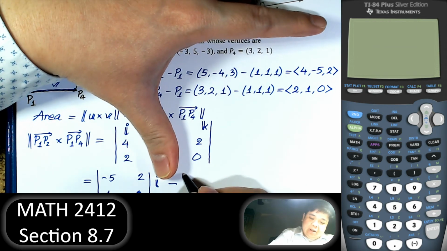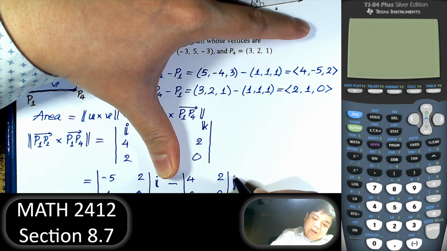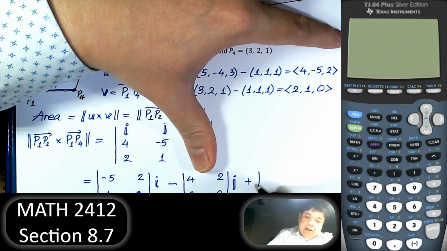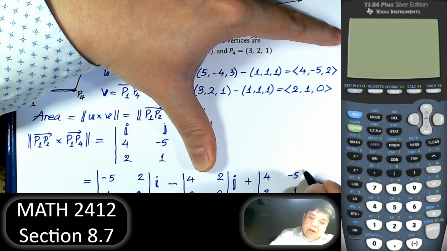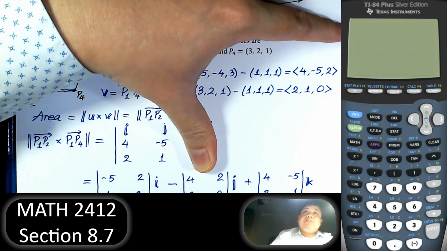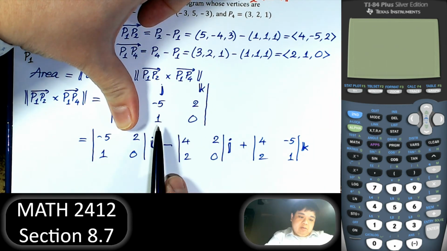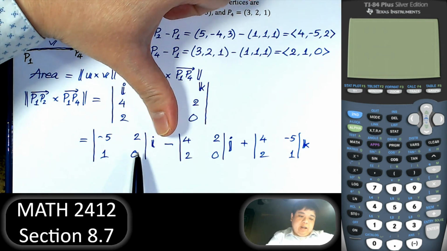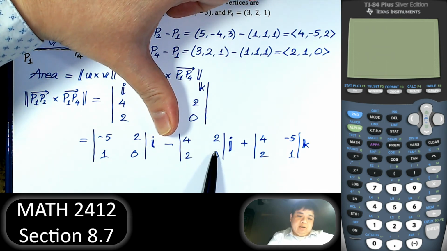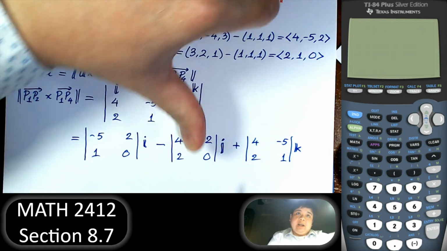For J, 4, 2, 2 and 0. And for K, 4, -5, 2 and 1 in the K direction. Right.